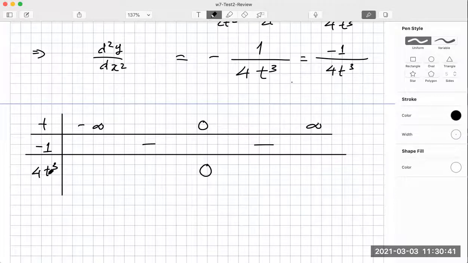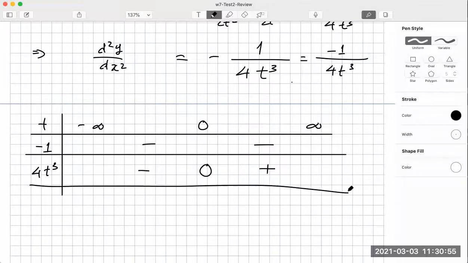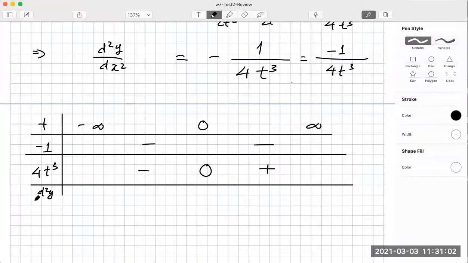If t is smaller than 0, then t cubed will be, yes, negative. Negative times 4 will be a negative number. If t is positive, then this guy would be positive, right? And here, the second derivative of y with respect to x here, remember, it would be the division of this, negative divided by 1 over 4t cubed.